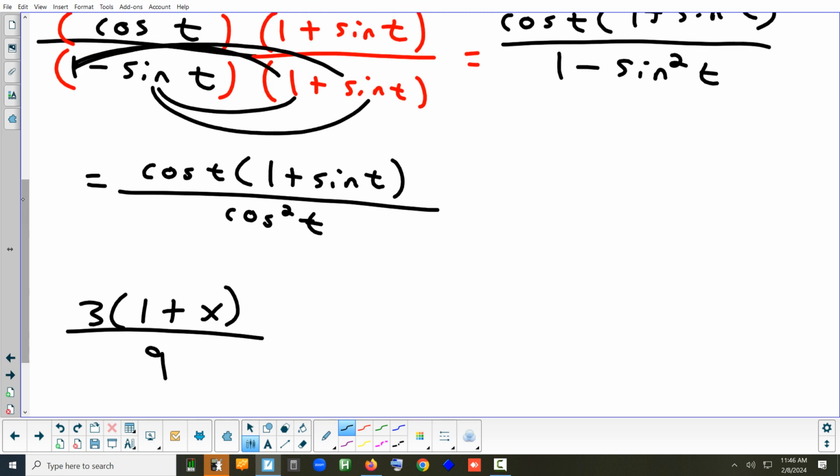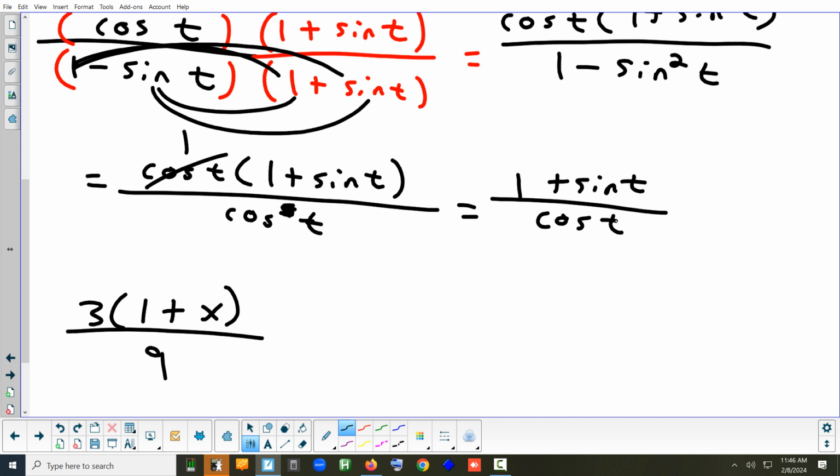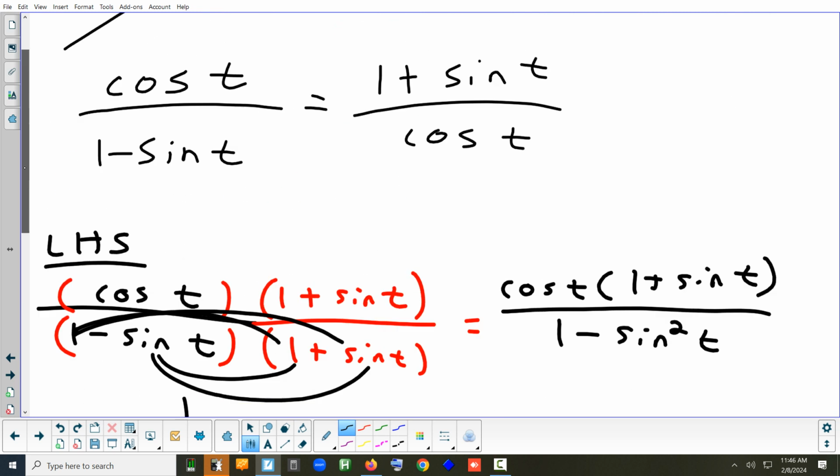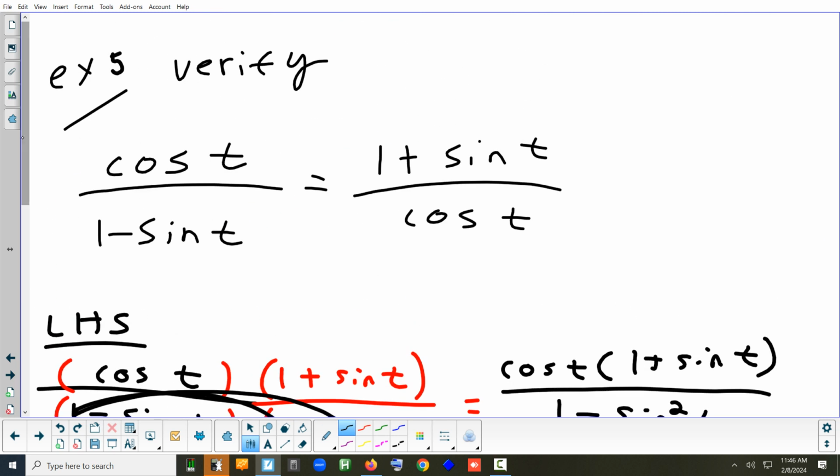How many times does cosine go into cosine? 1. And if you cancel a cosine from cosine squared, what are you left with? Cosine. So you can cancel 1 cosine from the top and 1 from the bottom, and look at what you're left with: 1 plus sine over cosine.